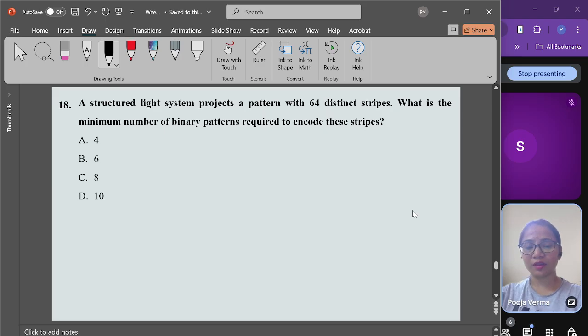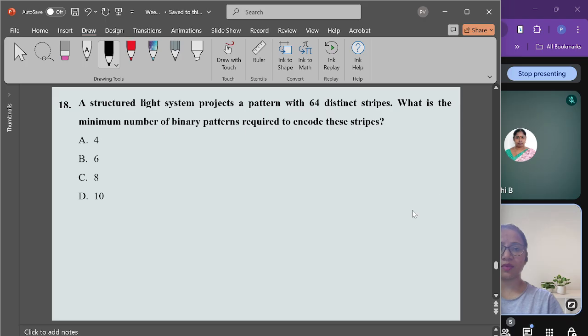Very first question, there is 2 to the power n total number of distinct patterns that we have got. Okay, I can write it here. So what will be the solution? What will be the n total? What is the minimum number of binary patterns required to encode these strips?